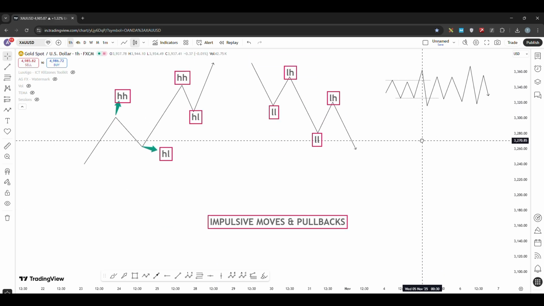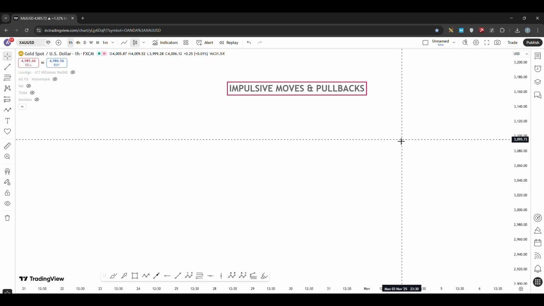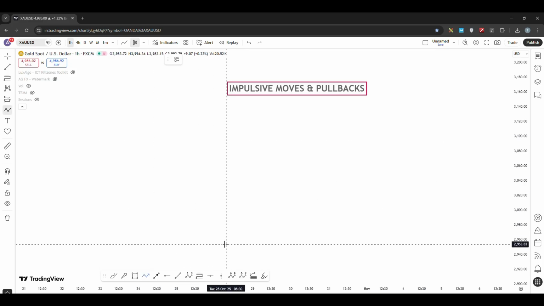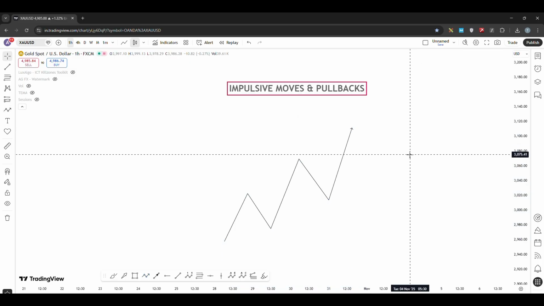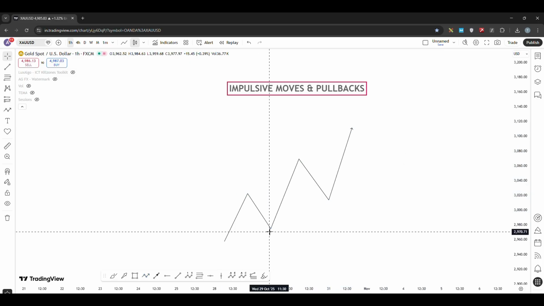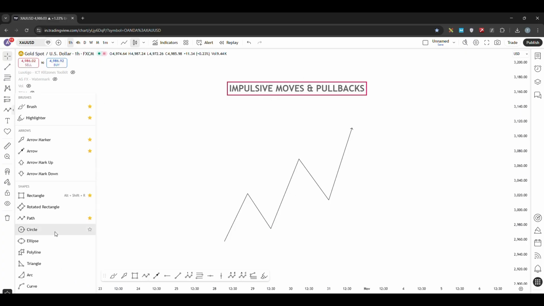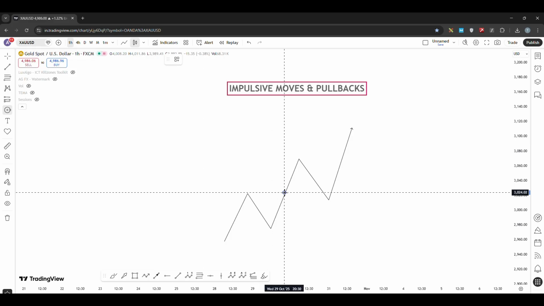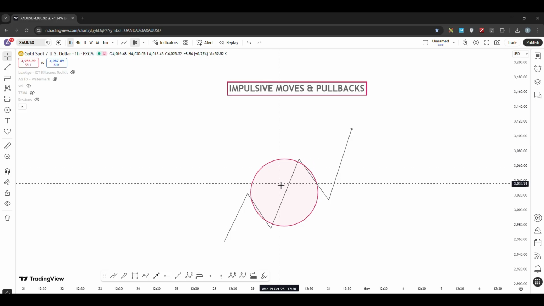Okay, now let's talk about the next topic, which is impulsive moves and pullbacks. Now let's say market is pushing higher, it is in an uptrend like this, right? So when we see this massive expansion to the upside, this is called an impulsive move.